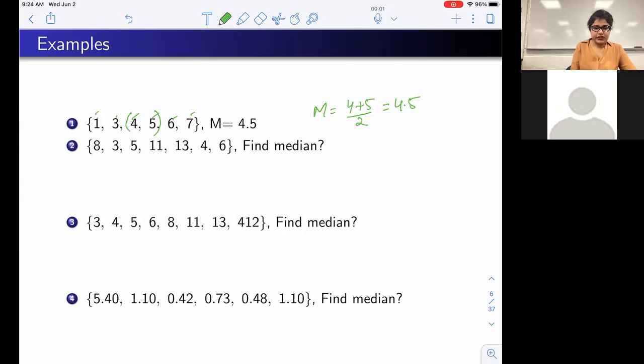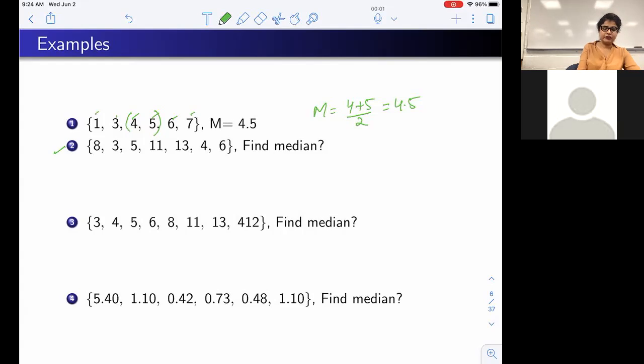In the next question, how many values have you been given in your data set? 8, 3, 5, 11, 13, 4, and 6. The number of values is 7, so an odd number of values. You will not directly write the middle value, because you have to check first whether it's in order or not. In the second example, the values are not in order, so you have to write them in ascending order.